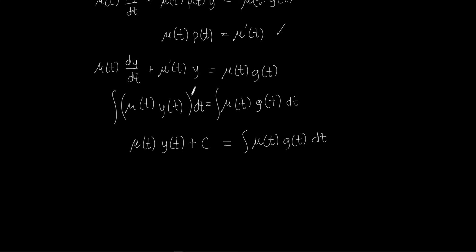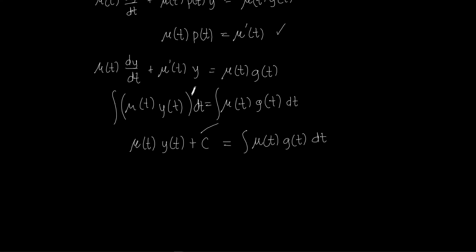Note that the constant of integration, c, is included. It is vitally important that this be included. If you forget it, you will always get the wrong answer. Now, the final step is to get y of t, so we isolate y of t.